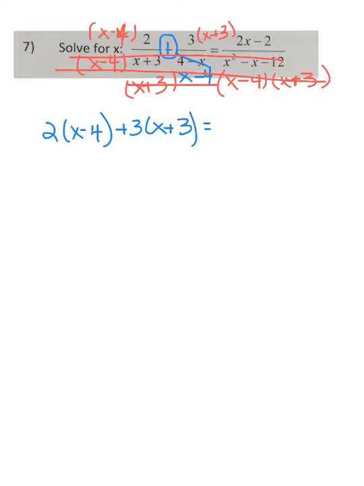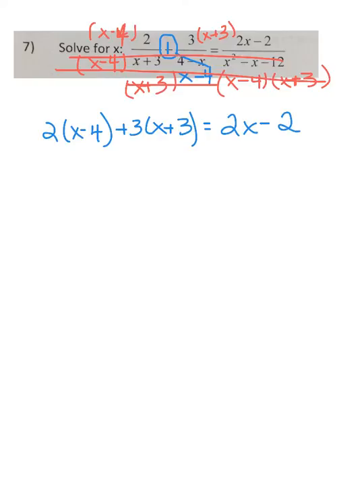Now, we didn't really do anything to this last fraction here except factor the denominator so we could help find a common denominator. So this denominator already had everything. It already had x minus 4 and x plus 3. So we didn't need to multiply the numerator by anything. So in that case, all we're going to do is just copy down the numerator. So 2x minus 2. Now that's so much easier.